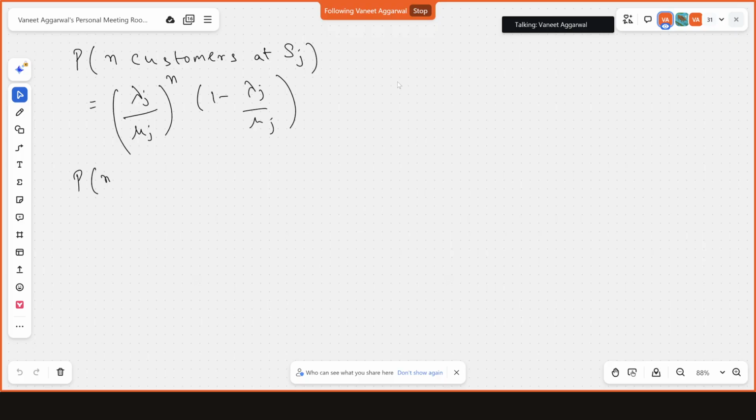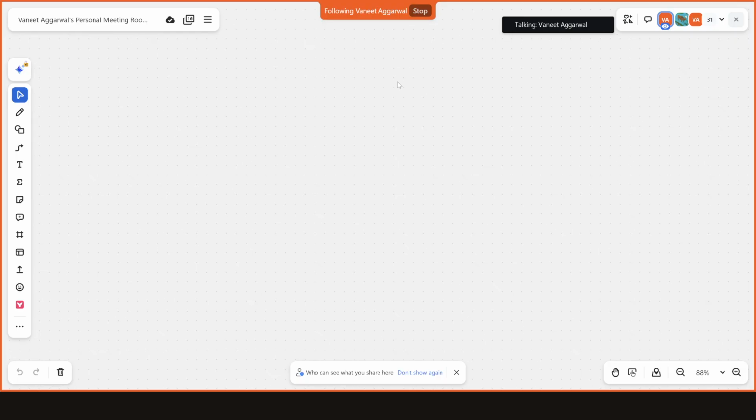So if somebody asks what is the probability of n1 customers at server 1, n2 customers at server 2, up to nk customers at server k, that is the product of these terms, which means everything is independent. So the L and W formulas should follow the same way.